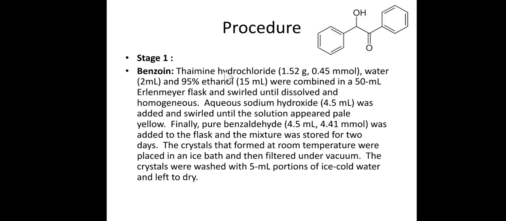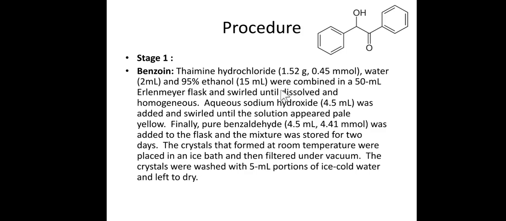So what is benzoin? It is already seen that this molecule is formed by condensation of 2 benzaldehyde molecules in presence of thiamine chloride. So what we are going to do? We are going to take thiamine chloride 1.52 gram in water and 95% ethanol.